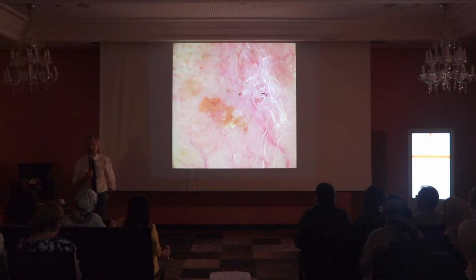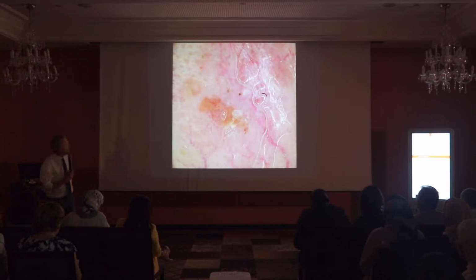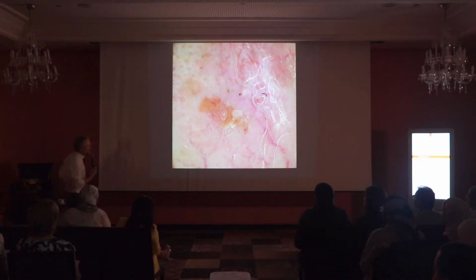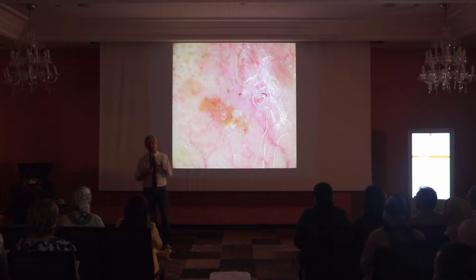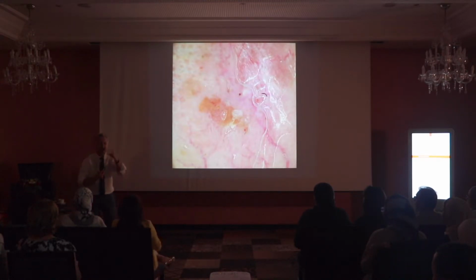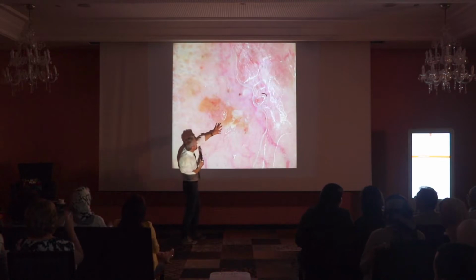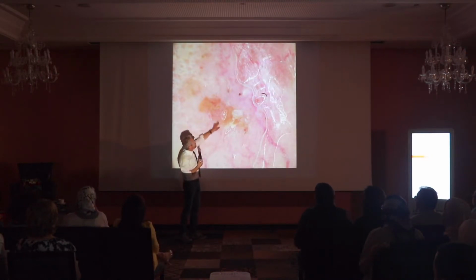What about number 7? Well, eczema, but if I put here an eczema, I am very bad. I'm putting here all, let's say, lesions, benign tumors or malignant tumors. So, what you can see here in the middle of this picture, what is this?